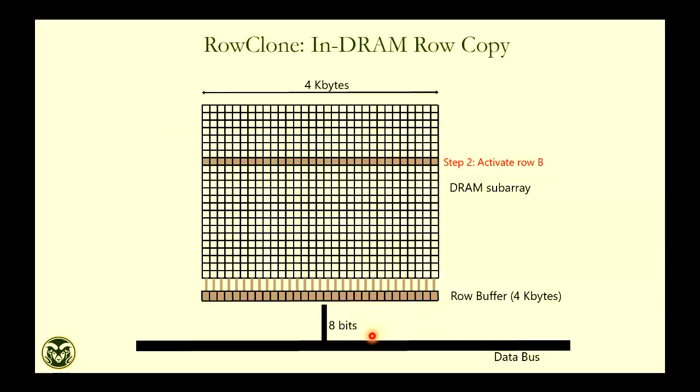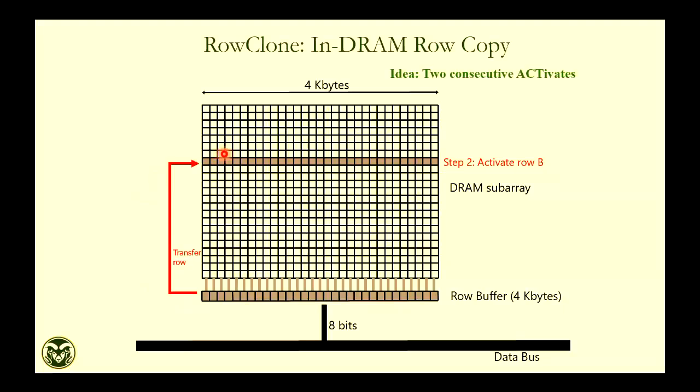So you're copying from one row, bringing the data to the data buffer, and then writing it back on a different row. So basically, 2 simultaneous activations are needed without transferring the data. First you activate the source row, then you activate the destination row, and from the buffer, data will be transferred to the destination row.